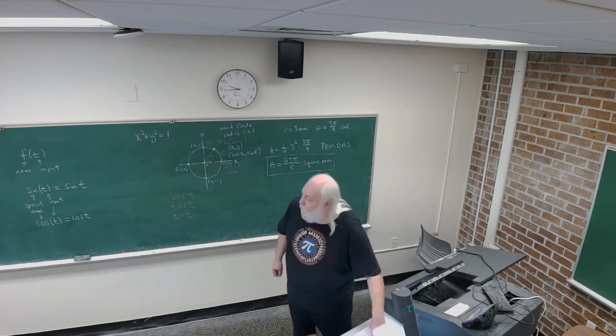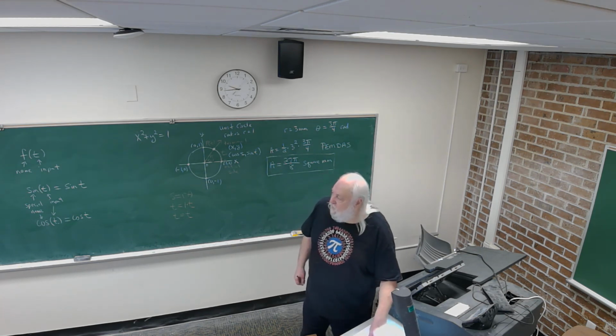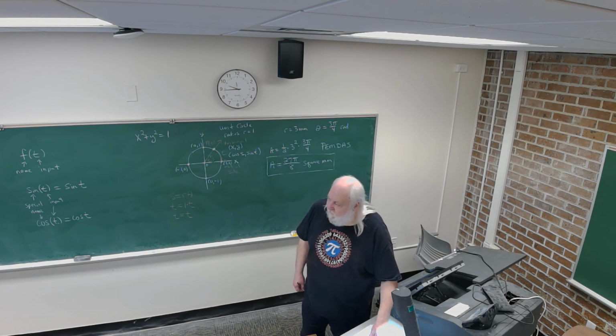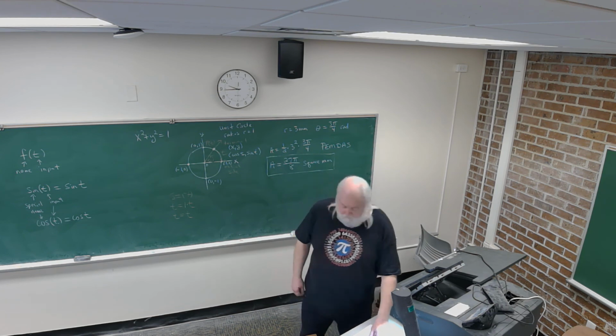Every ordered pair x and y in the first quadrant is positive. X is positive, y is positive. So if both the x coordinate and y coordinate are positive in the first quadrant, that means cosine t and sine t are both positive if P of t is in the first quadrant.